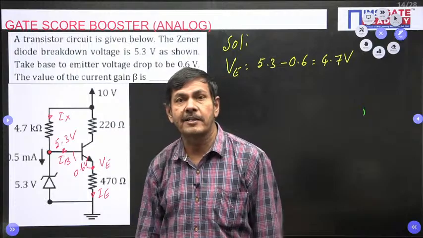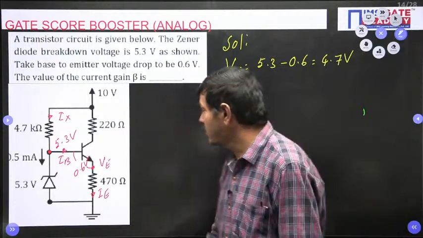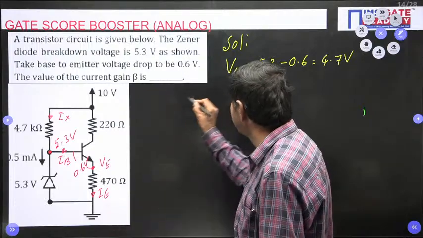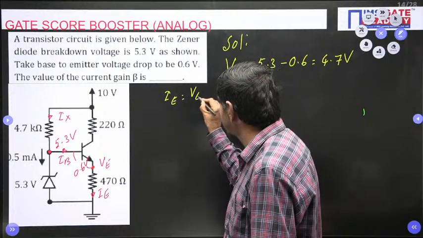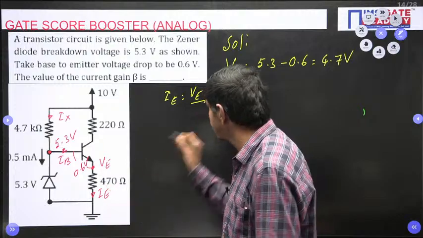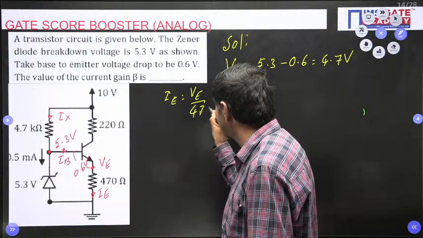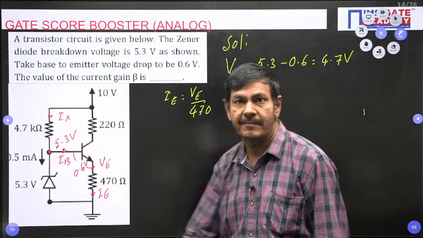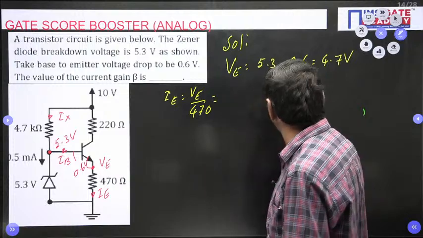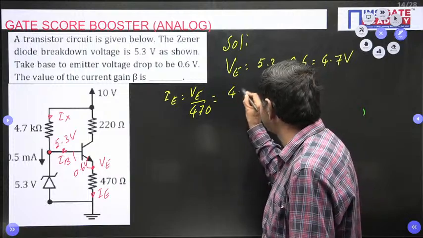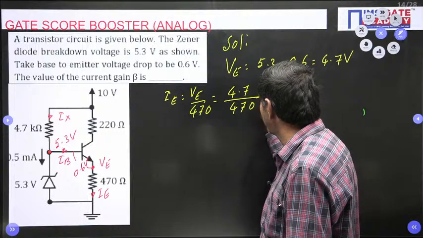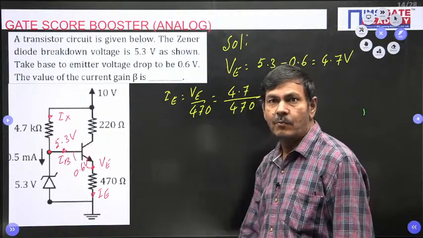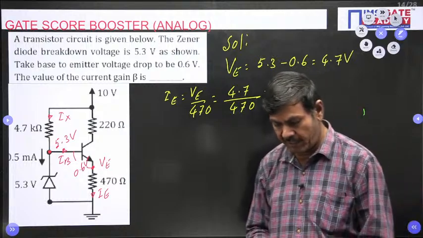So what is the point of finding that emitter voltage? To measure IE. IE I can get from the emitter voltage divided by the emitter resistance 470. So we got VE as 4.7 volts. You divide by 470. Then you can measure IE. What IE are you getting?